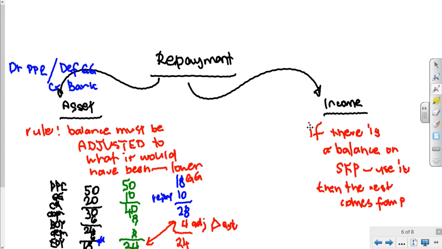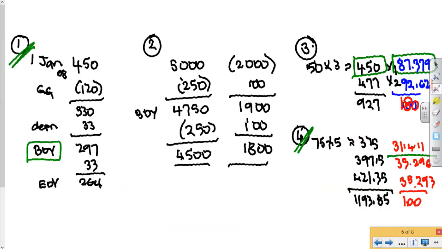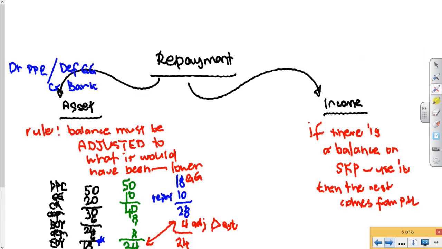So if I go back to the example here, let's assume at the end of this year I had to pay back 100. I have 92, which is still sitting in statement of financial position, isn't it? I would take the 92 out of statement of financial position to pay it, and the rest would have to come out of P&L. So there's my journal entry for the repayment.